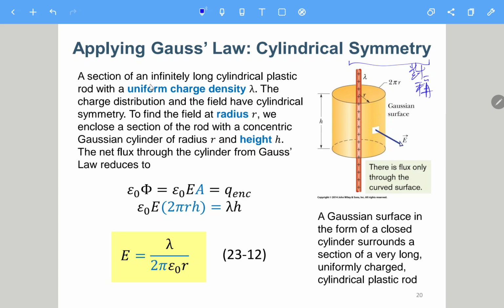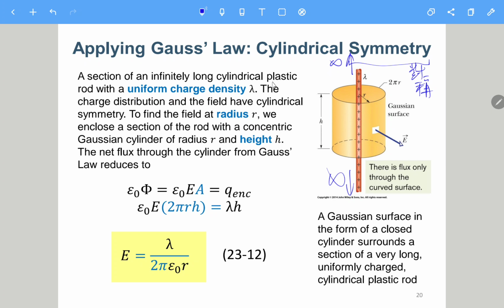Okay, so a section of an infinitely long cylindrical plastic rod with a uniform charge density lambda. This rod is infinitely long, going to infinity here and also there.